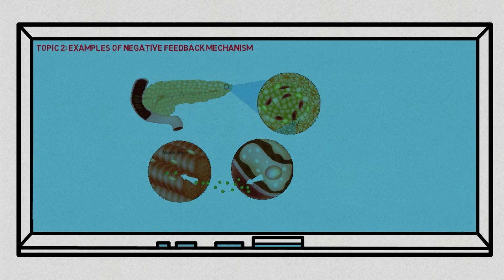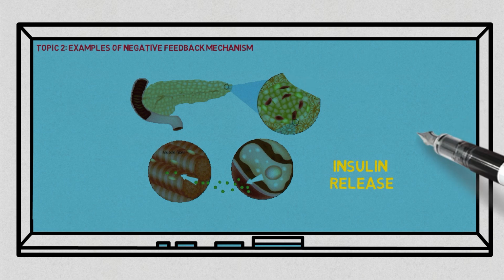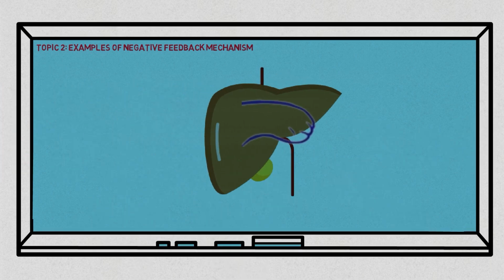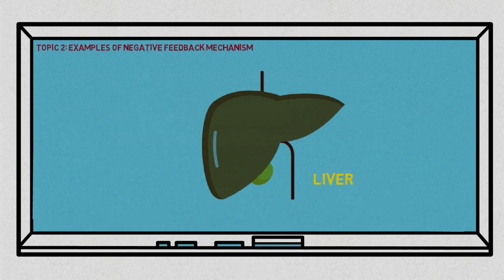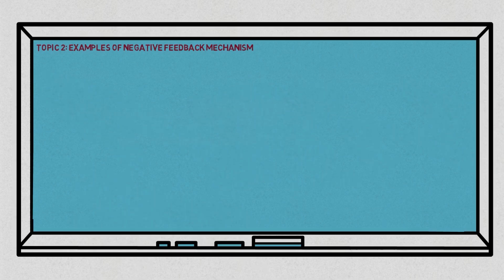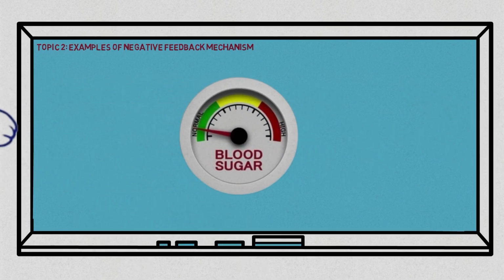The pancreas will recognize the changes and decide what will happen next, which in this case is releasing insulin, a hormone that will help lower blood sugar. In turn, the insulin will command your cells to absorb glucose and will send signals to the liver to store excess glucose in the form of glycogen. This will result in lowering your blood glucose level back to its normal physiologic level.